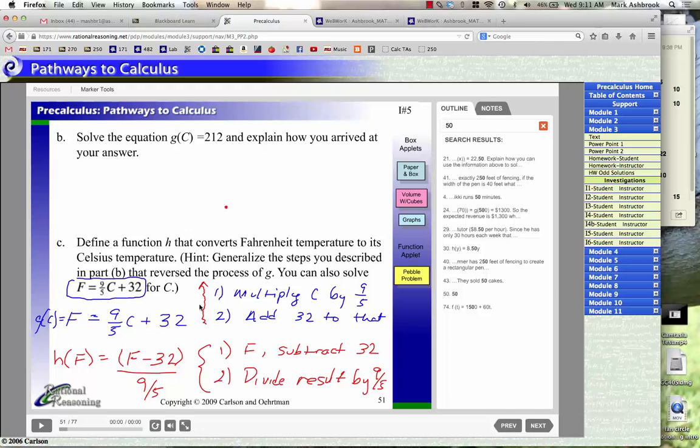Does it make sense? So given one function, is there another function that reverses the process, or undoes what that first one did? That's what we call an inverse function.